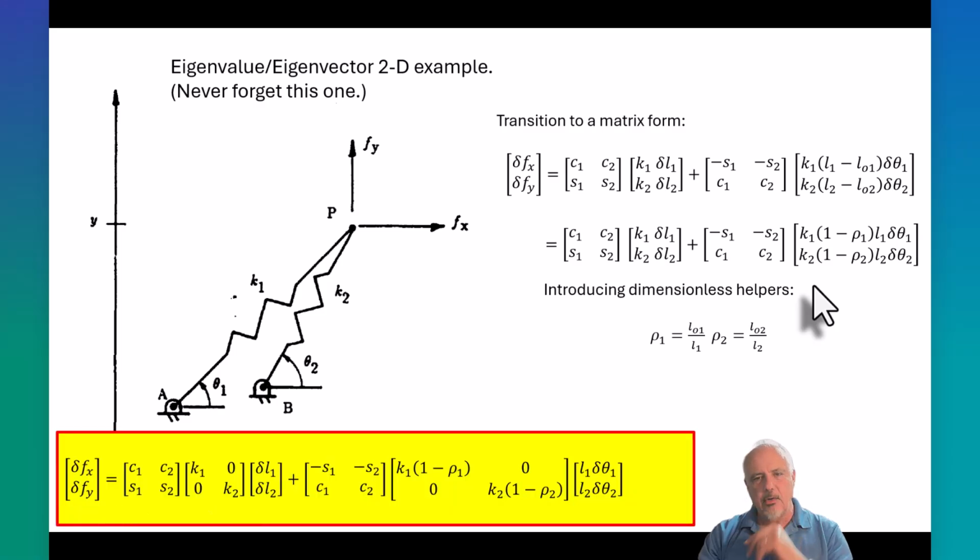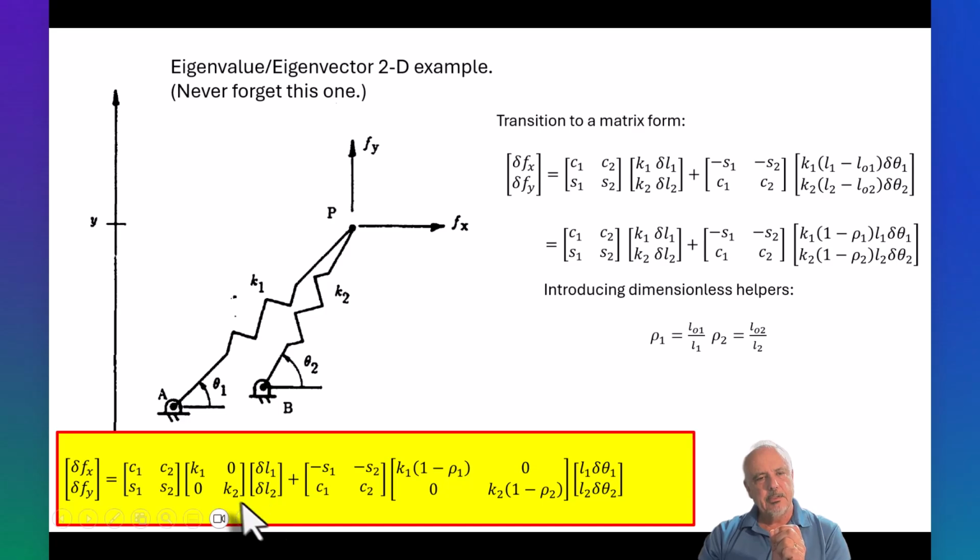All right, so right now I've got my change in force. Let's recap it for a second. I've got my change in force, Fx and Fy. I've got a C1, S1, C2, S2. I've got this matrix here. I'm going to go ahead and diagonalize my K1, K2, my stiffness, and then I've got my delta L1, my delta L2, the change in lengths of the springs.